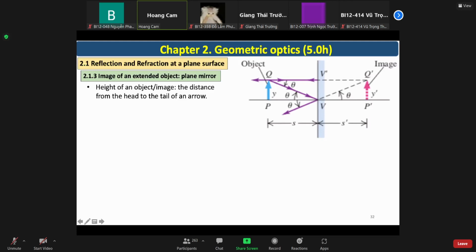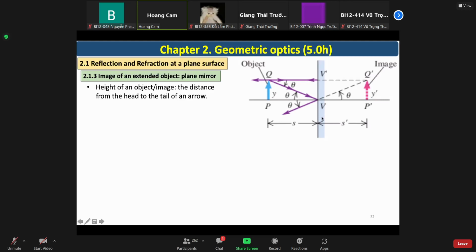Or you can use h, like what you normally use in high school or secondary school, as you want, but be careful with the direction of these two, the object and the image. If they point like here, both values are positive, and sometimes you can have a different direction for the image. In that case, you get negative values for the height.